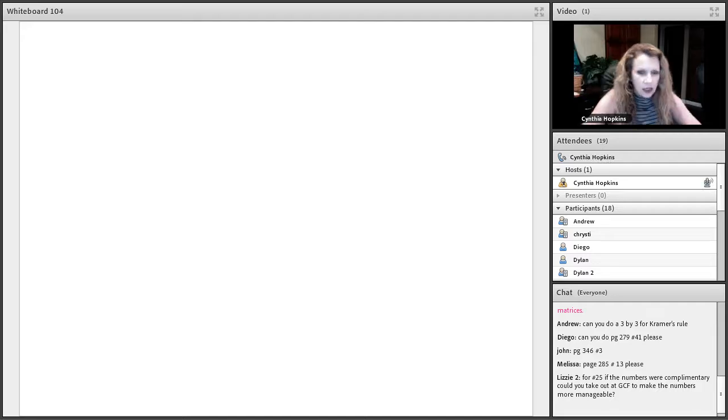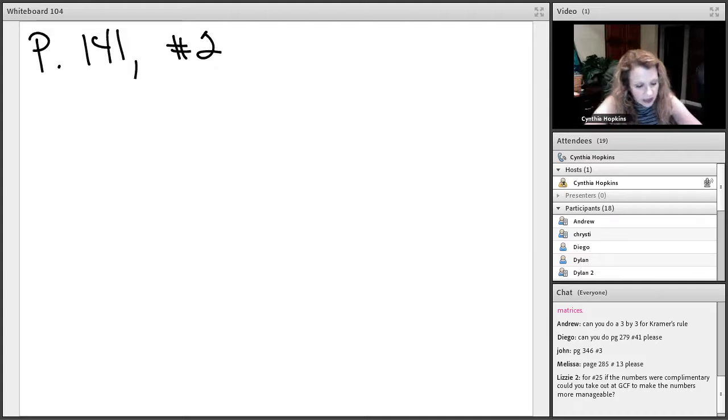I'm going to take one that we did earlier for augmented matrices. It's on page 141, number 2. And we solved for z using augmented matrices. So why don't I just do solving for z again? We've got -3, and you'll just see the same answer, but finding it a different way. Okay, so I feel like I need to rewrite this system.